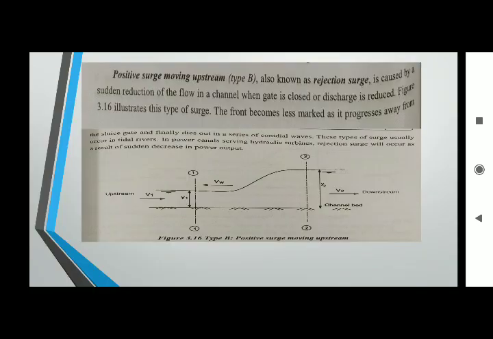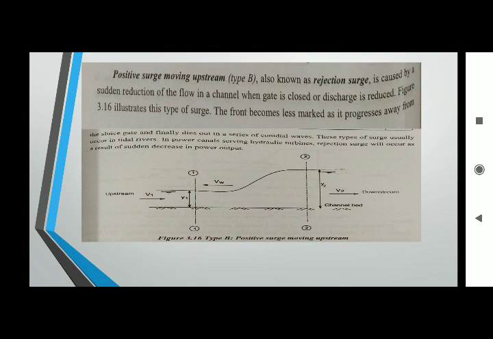Okay, next, positive surge moving upstream side. It's also called rejection surge. It occurs when the gate is closed or discharge is reduced.